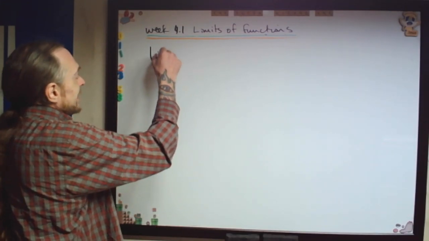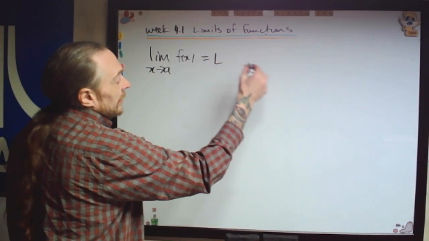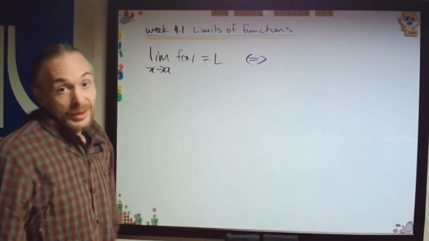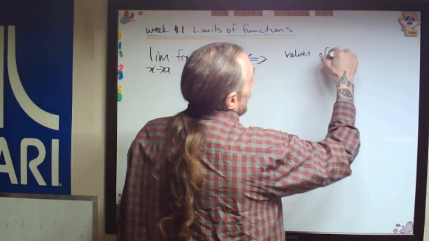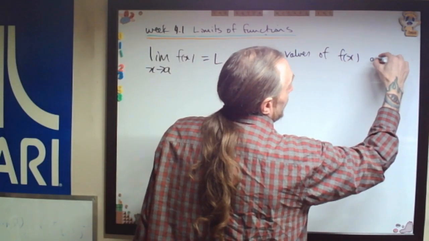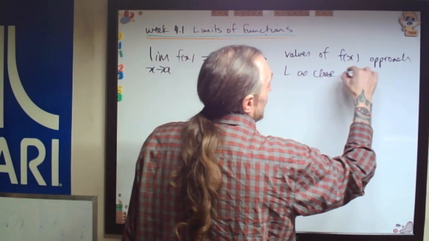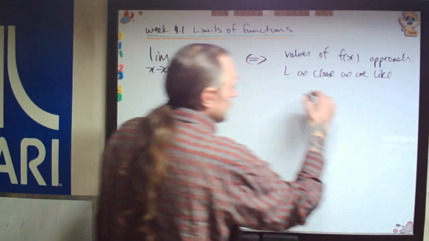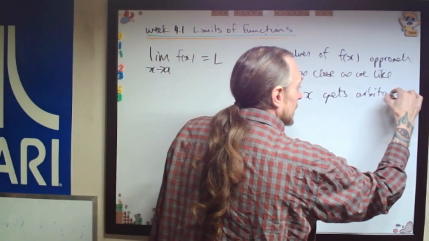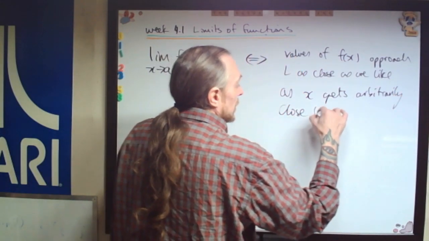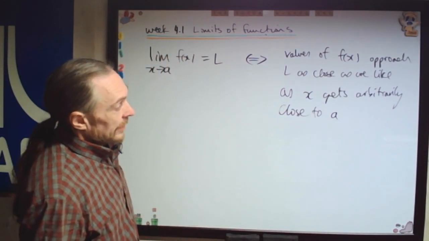We're going to say that this symbol, the limit as x approaches a of f of x, is equal to L if and only if, not using the precise definition, just intuitively, values of f of x approach L as close as you want as x gets arbitrarily close to a in some interval.